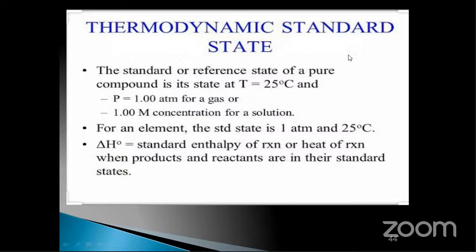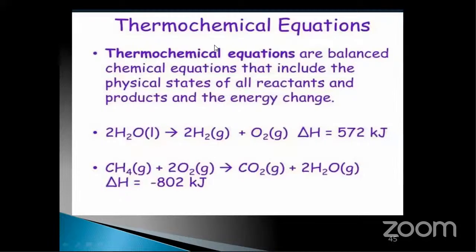Okay, now we'll move to the next slide. Thermochemical equation. What is actually a thermochemical equation? A thermochemical equation is a balanced chemical equation. As usual, balanced chemical equation means the number of atoms present on the reactant side is exactly equal to the number of atoms present on the product side.